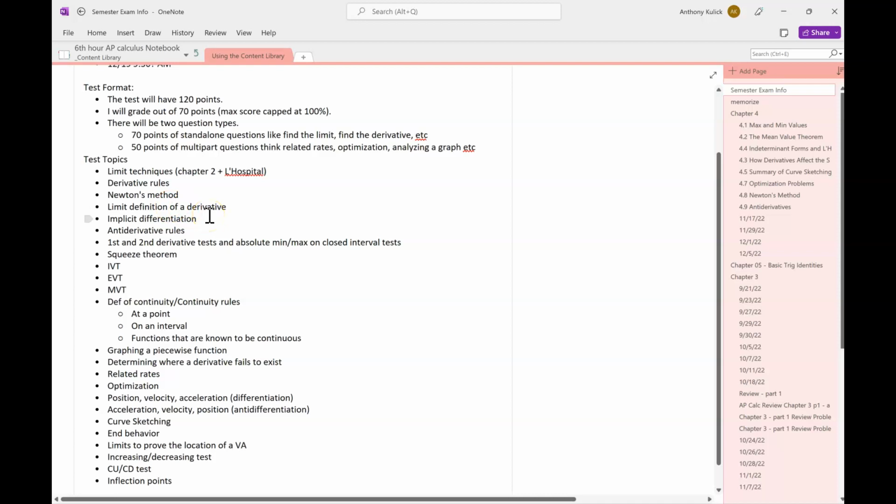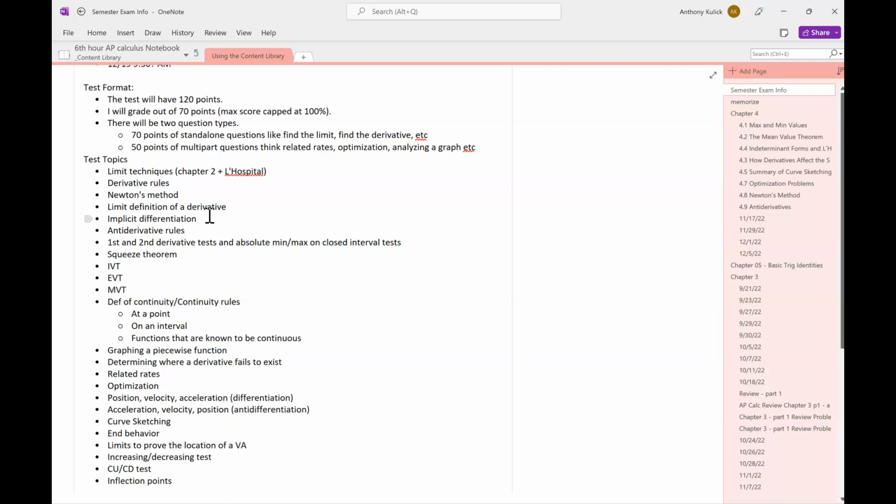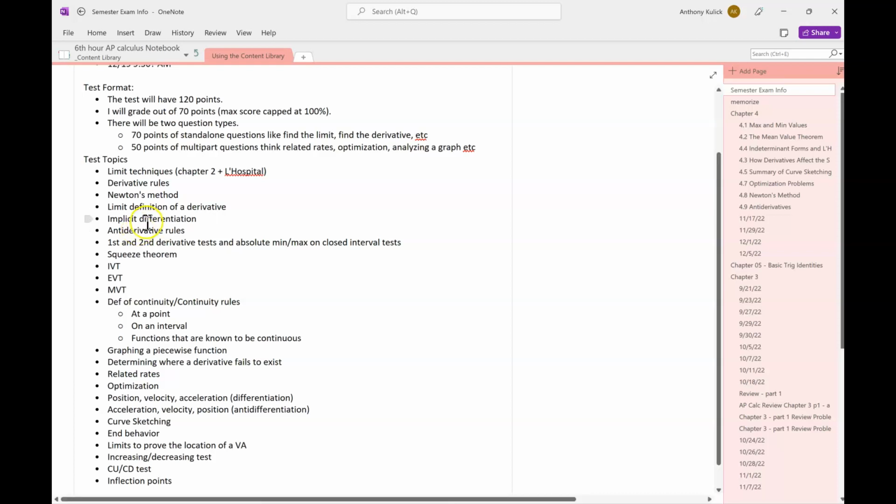So I will have a question or two on there where it's like use the definition of a derivative to differentiate, blah, blah. So again, remember the definition of the derivative is the limit as h approaches 0 of f of x plus h minus f of x all over h. Right, that's what I mean by the definition of the derivative.